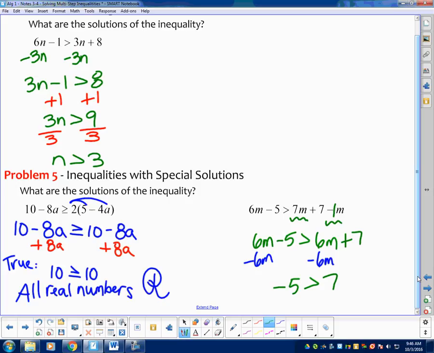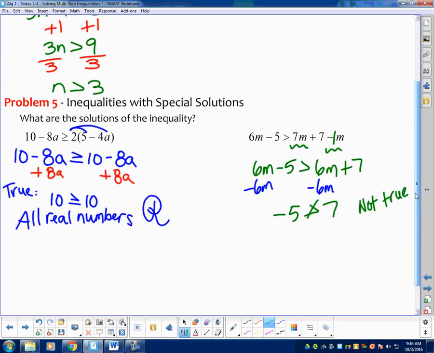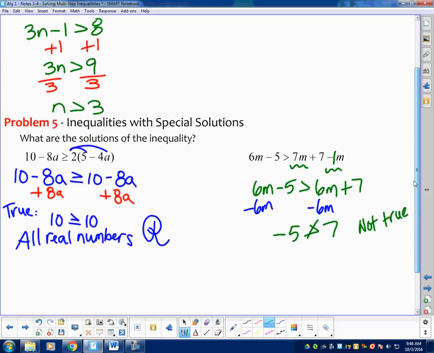Is that a true statement? No, negative 5 is not greater than 7. Okay? So if it is not a true statement, is no solution okay for you?